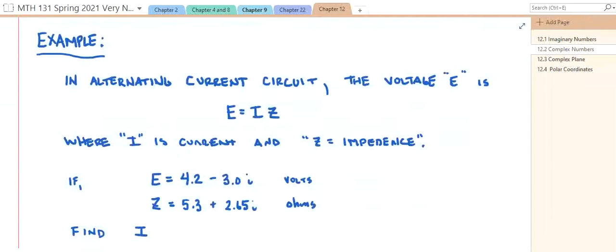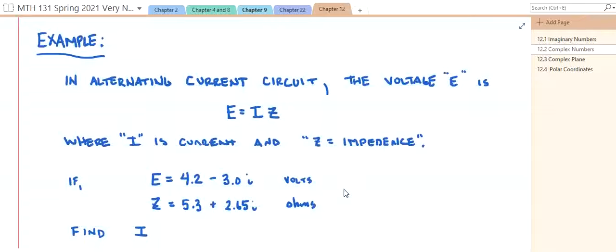Okay, so let's solve a word problem. In an alternating current circuit, the voltage E follows this relationship: voltage equals current times impedance, where I is the current and Z is the impedance.